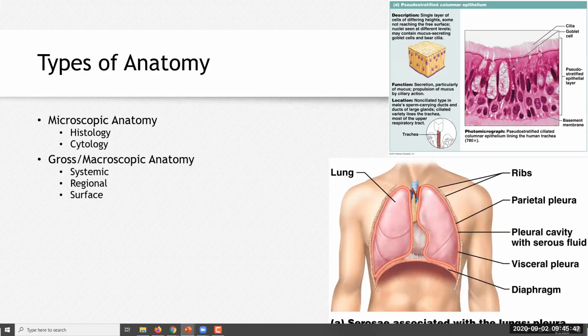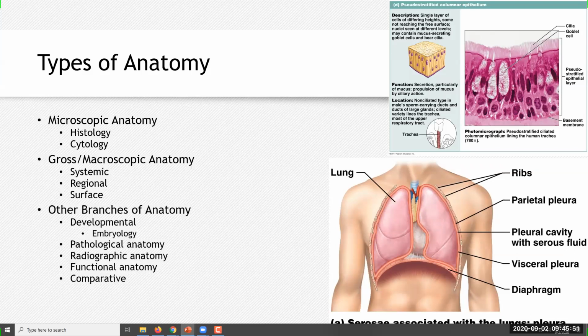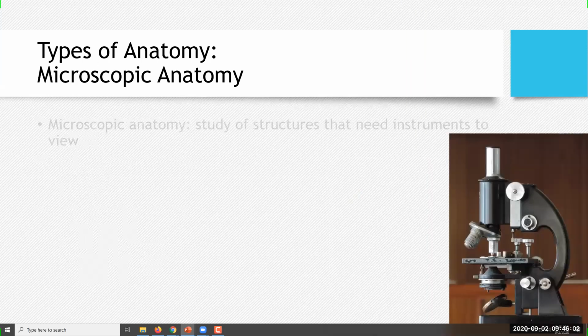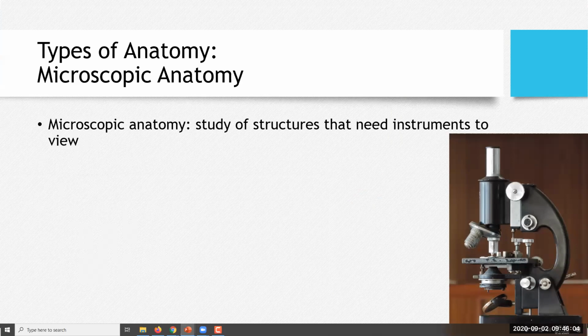We can actually see things, okay? And then there's other branches of anatomy as well. And for this, this is going to be just other divisions or how we categorize different types of anatomy. Okay, so once again, microscopic anatomy is we need something to help us see these smaller structures.